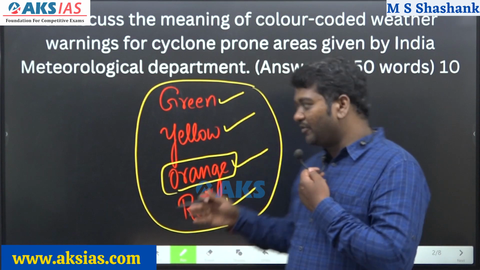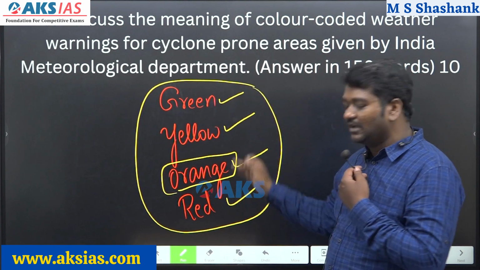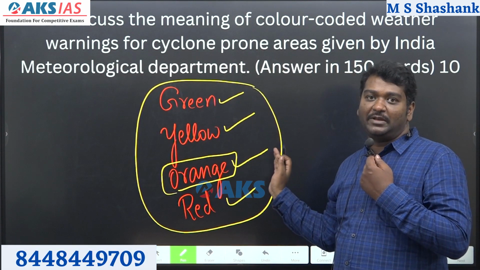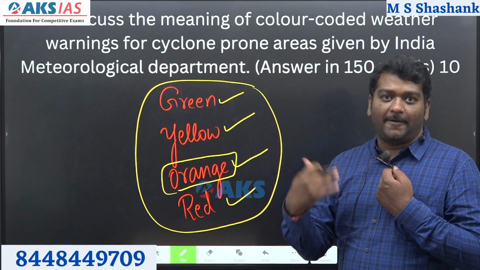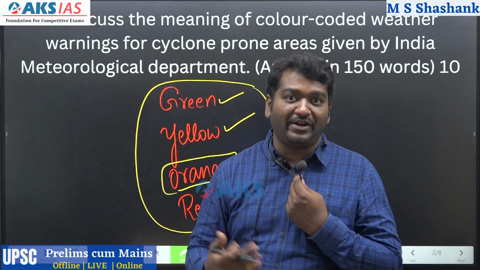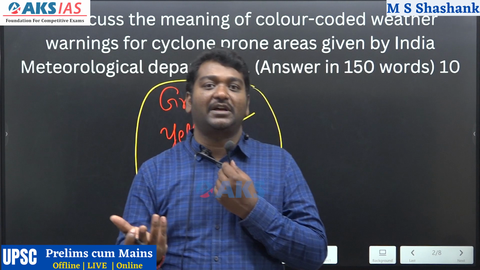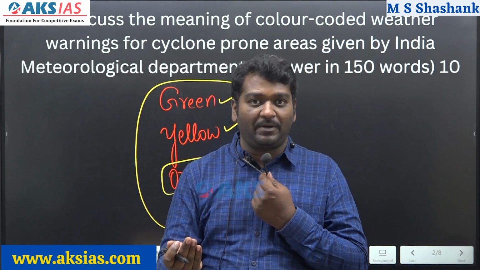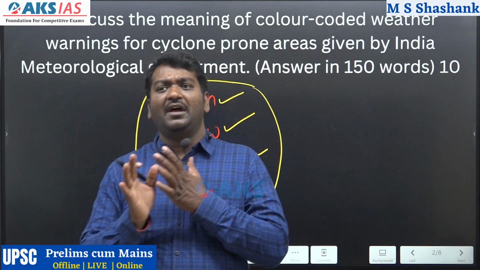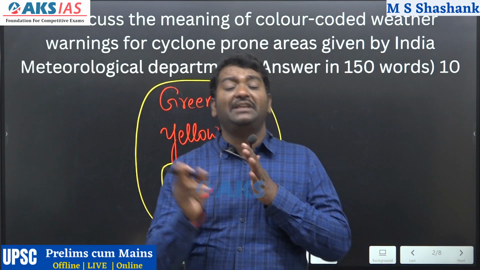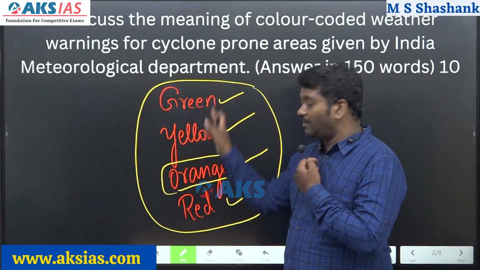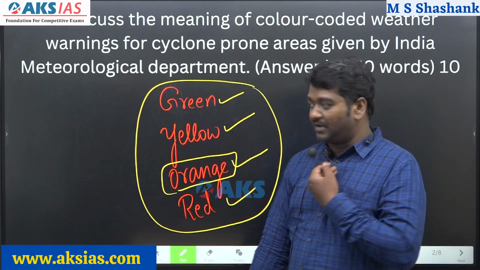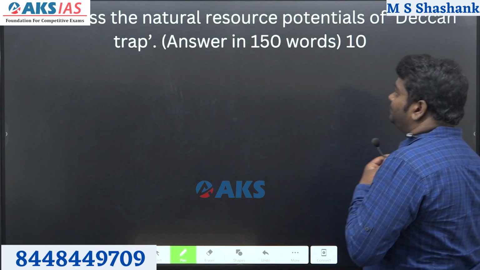Or, without elaborating these colors, you could have said that warnings will be given so that people will be aware of what problem is going to happen and how disaster management must proceed. Different colors are used so that in different stages there are different rules that need to be followed. At least some general things which make sense you can write, rather than writing the colors exactly and making a mistake. Fine.